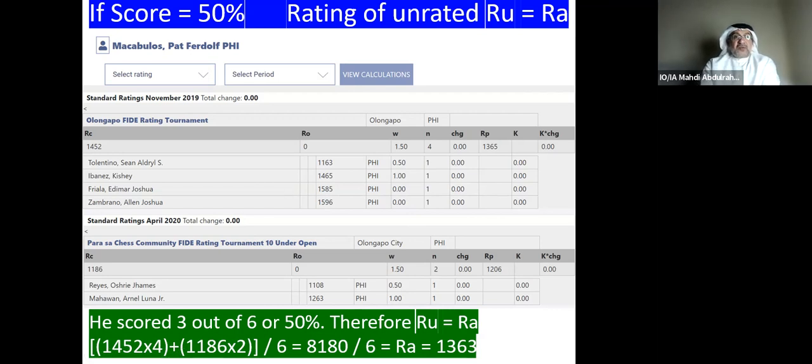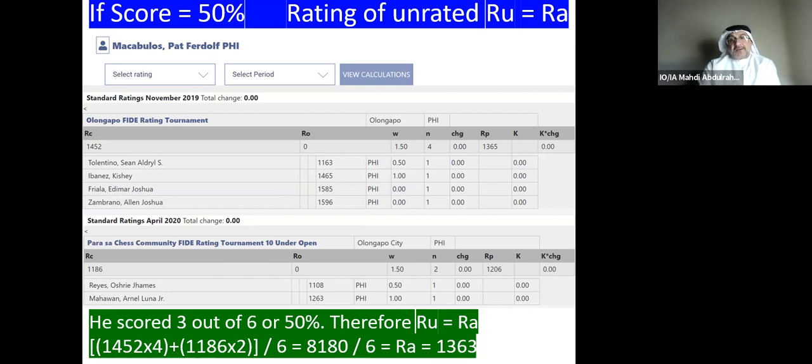So the formula said if he scored 50%, he will take the rating average from the tournament. So what is the rating average from the tournament? We take all 6 opponent ratings and divide by 6. The figure will be 1363, and RU equal RA, 1363, because 50%.